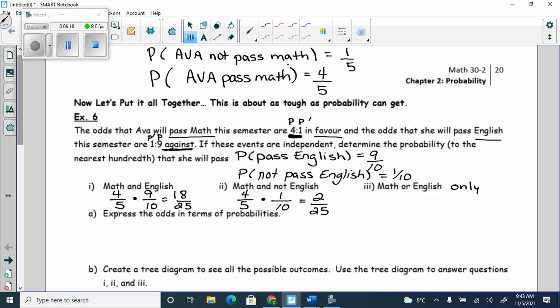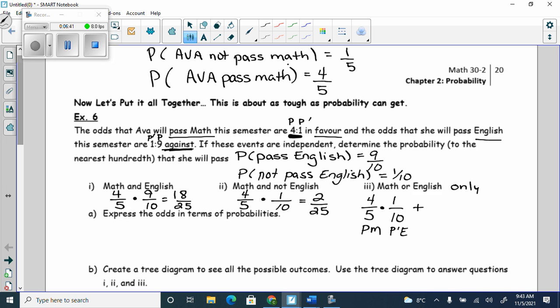That's what it should say. So math is 4 out of 5. But if they pass math or English only, if they pass math, they're not allowed to pass English. So what would it be? 4 out of 5 times 1 out of 10. So this would be passing math, not passing English.